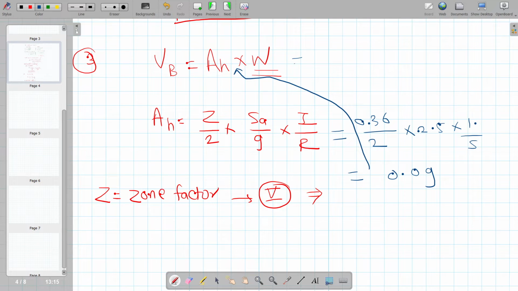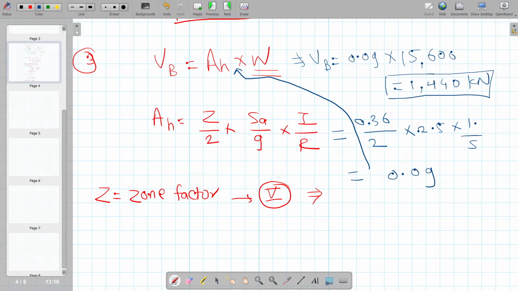So VB is equal to AH, that is 0.09, into W. W is 15600. So you will get the base shear 1414 kilonewton. Okay, so this is how we calculate the base shear.